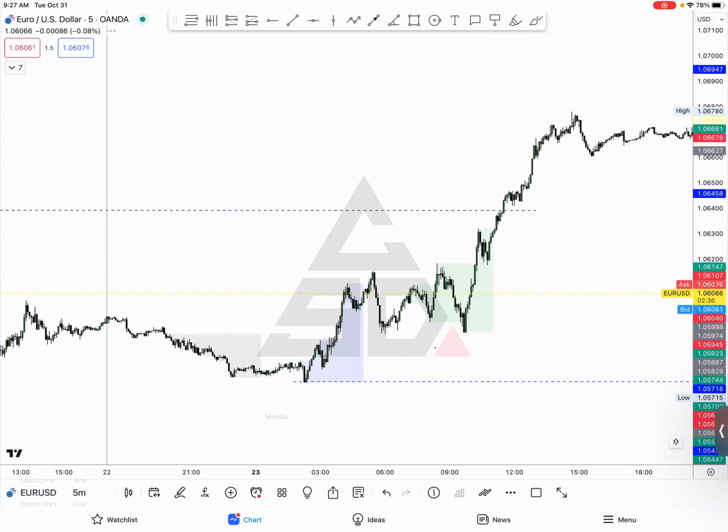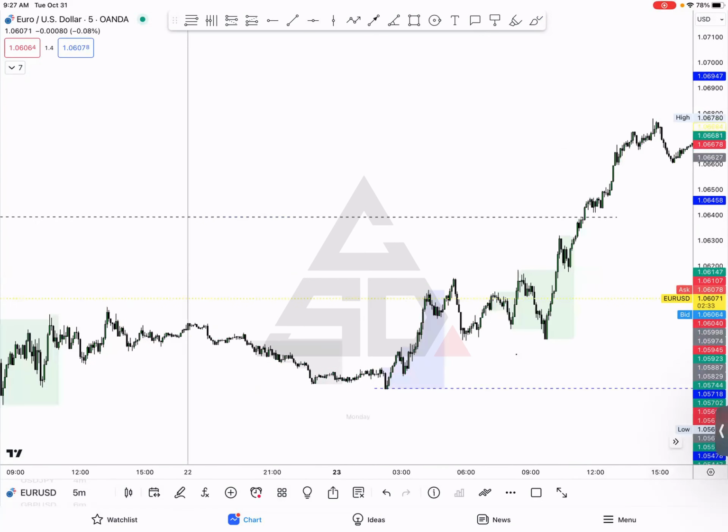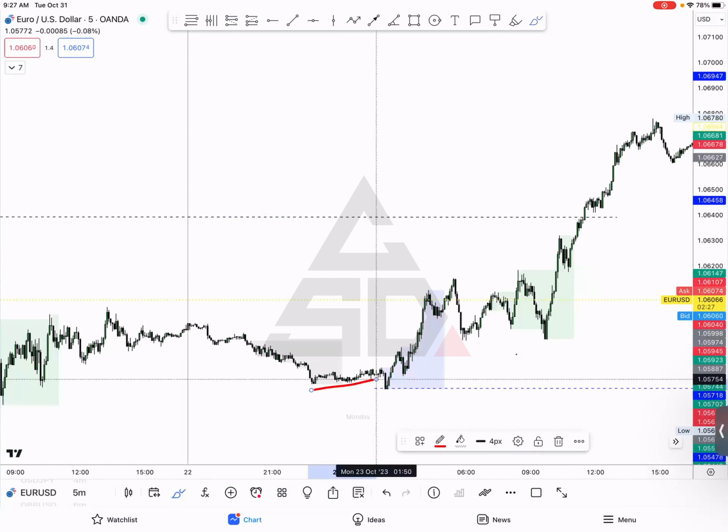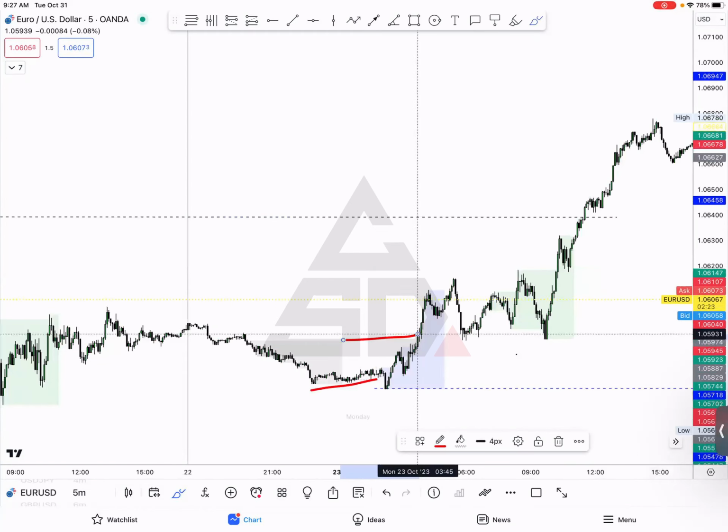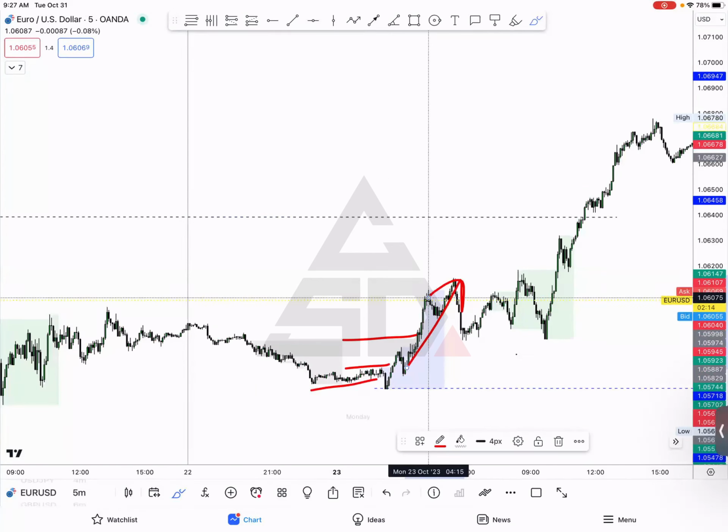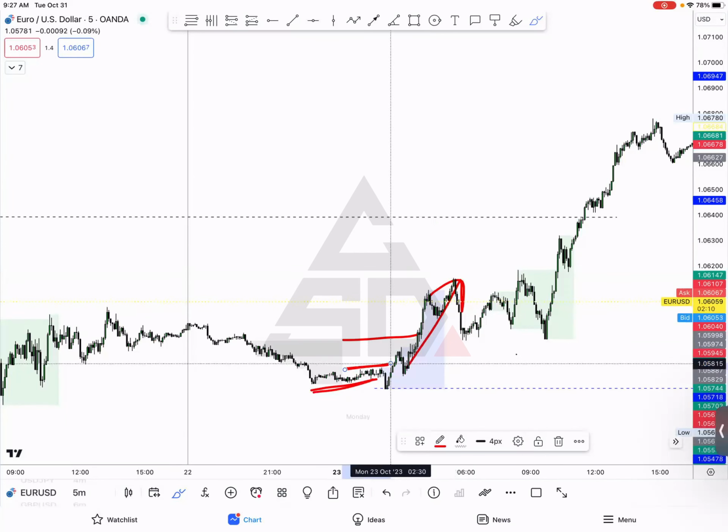Anybody see the breaker here? I see 2 of them. We got raid on stops, market structure shift, Asian range with market structure shift, right there. Market structure shift, trade up. So raid on stops, market structure shift, rebalance price, distribute.